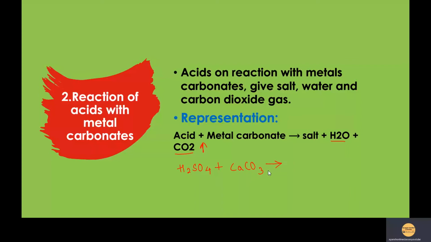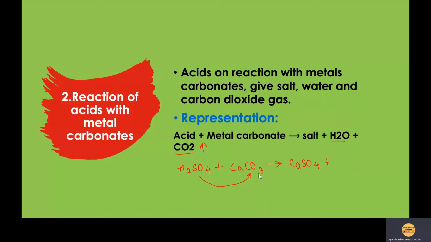Now we are expecting to get a salt. Here, as it is a displacement reaction, SO4 will displace the CO3. So what we will be getting here is CaSO4, calcium sulfate, plus, now CO3 is displaced but somewhere it should get adjusted, correct? So what is going to happen?